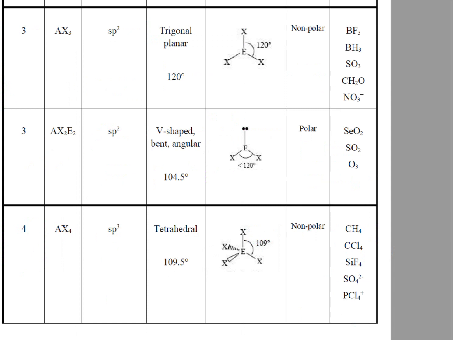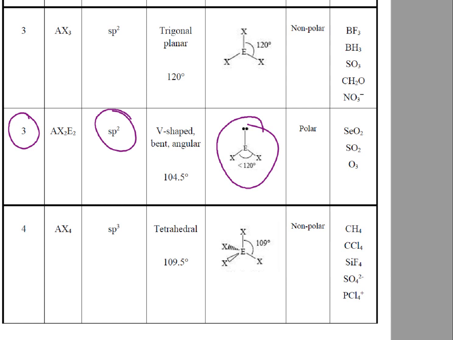If the hybridization is of the type sp2, here we have the central atom surrounded with 3 effective pairs, so the hybridization should be sp2. But this molecule has 1 lone pair.